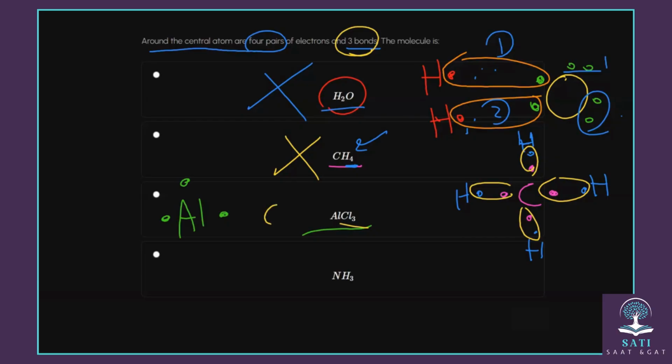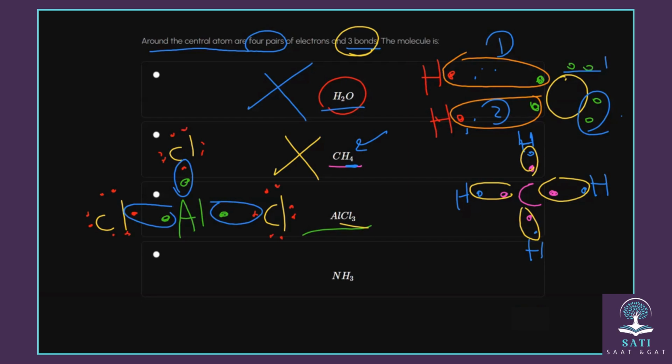So we write chlorine three times, each with 7 dots: 1, 2, 3, 4, 5, 6, 7. Good. When they make bonds, this will be 1 bond, this 1 bond, and this 1 bond.